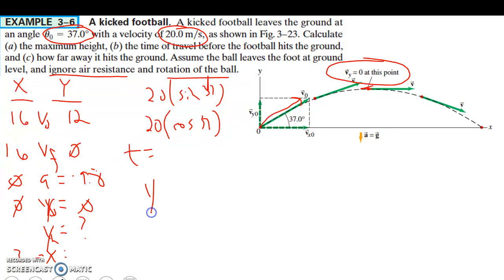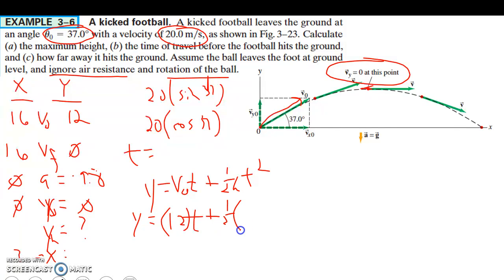So y is initial velocity times time plus 1/2 at squared. I don't know y. My initial velocity in the y is 12. I don't know time. Plus 1/2 times negative 9.8 t squared.